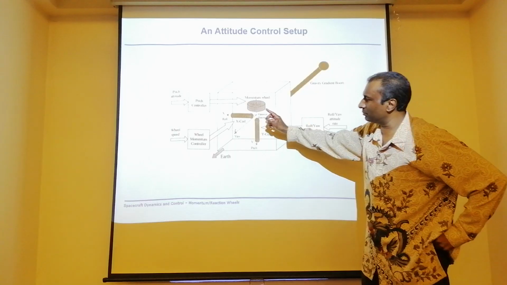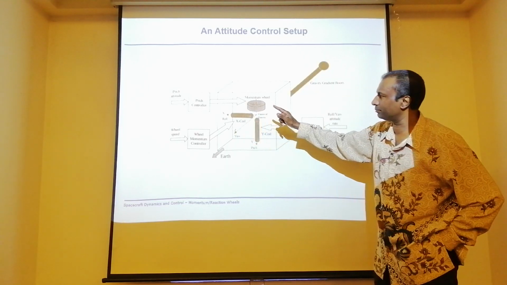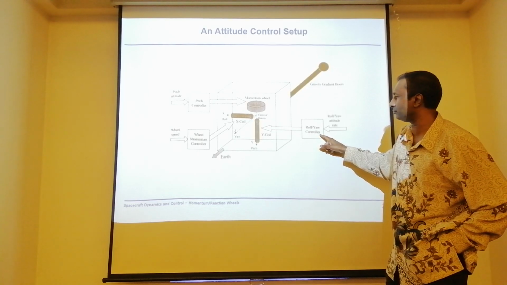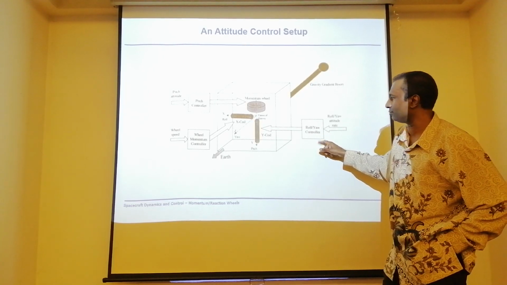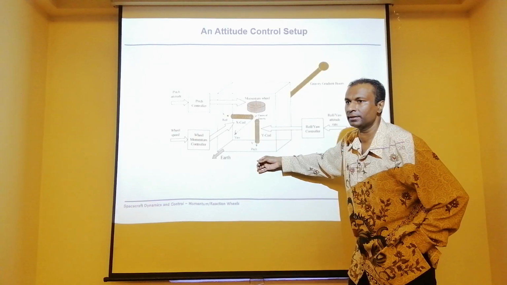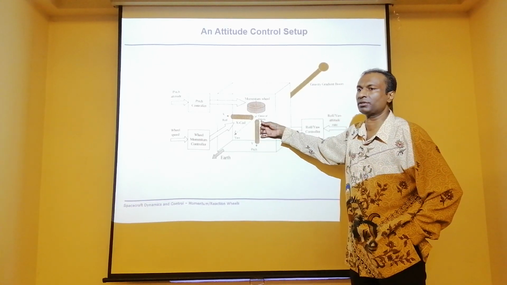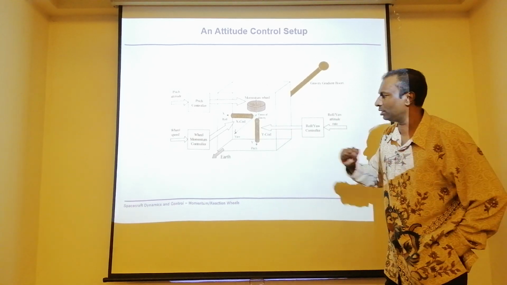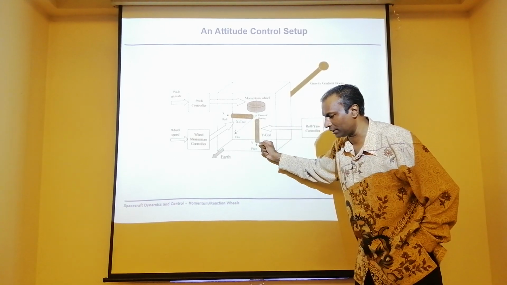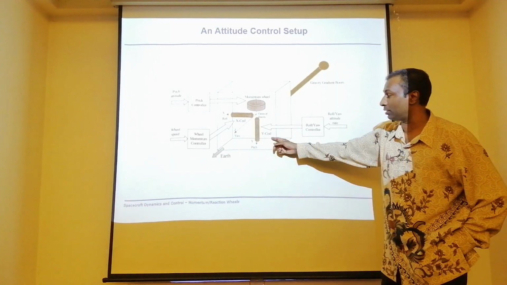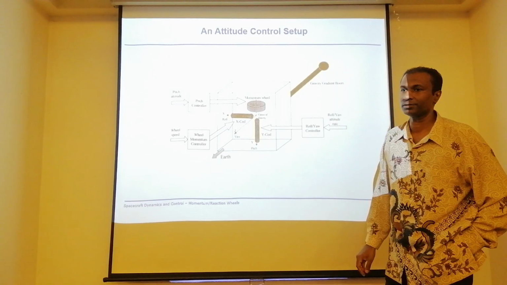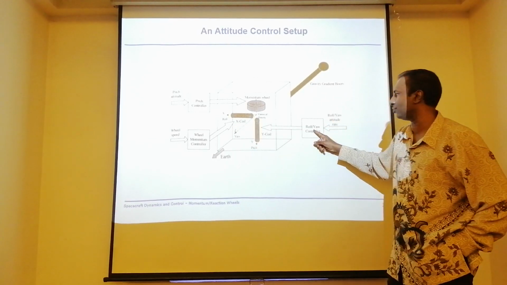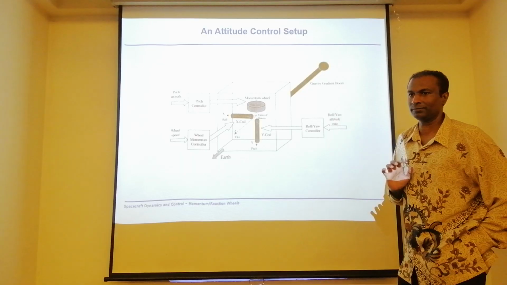Now I must control my roll and yaw. So what I do is install magnetic torquers along the pitch. We have learned in Thomson control that with pitch torques, you will have yaw and roll control. Yaw and roll control done.